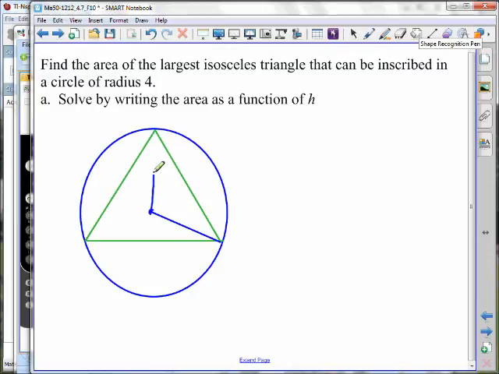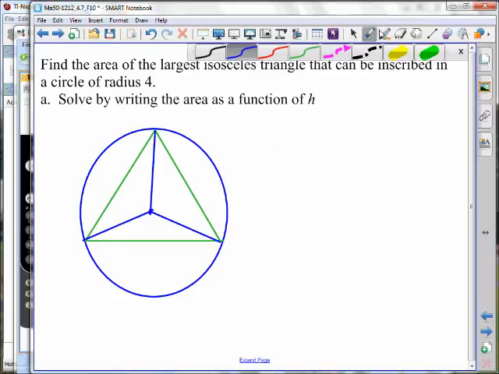Now, I'm going to draw this up here too. I'm going to draw it over here also. Okay, because if I'm looking at this triangle and I want a function of h and I want area, find the area of the largest, let me highlight that to make sure we don't lose what we're trying to do, the area of the largest triangle.